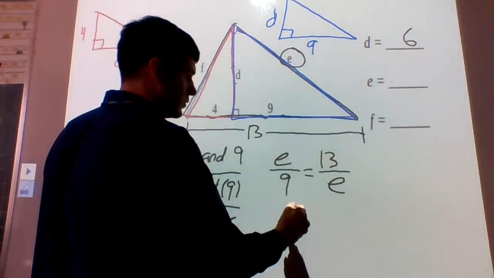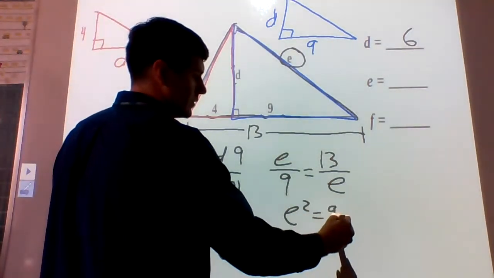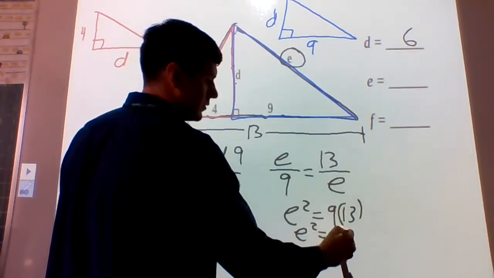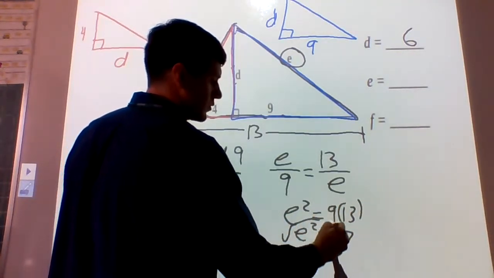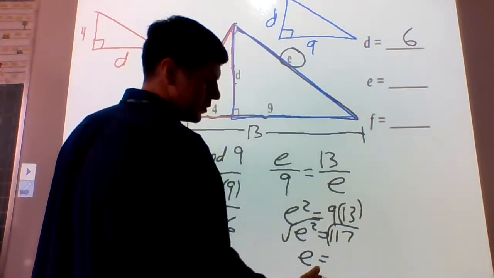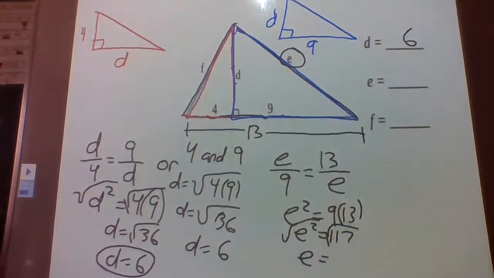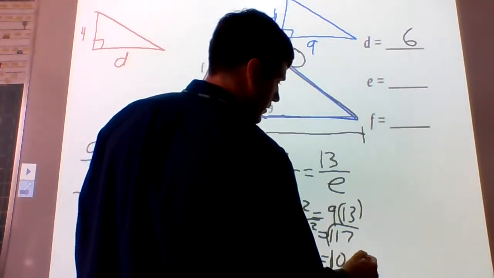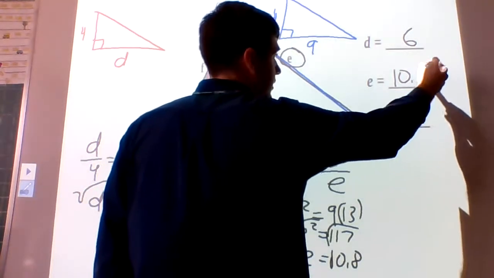E squared equals 9 times 13, which is 117. Square root. So we're going to get E equals square root of 117, which should be 10 point something. 10.8. Okay, 10.8.